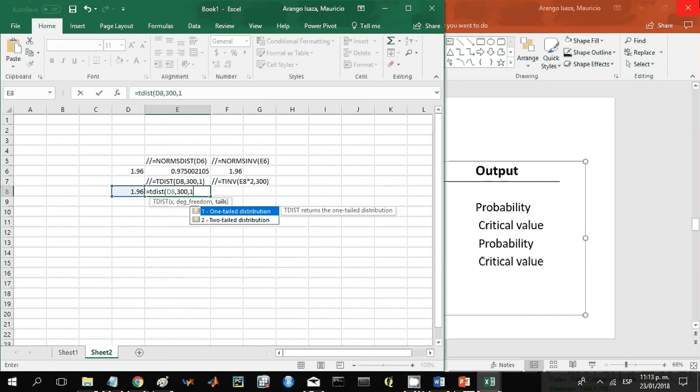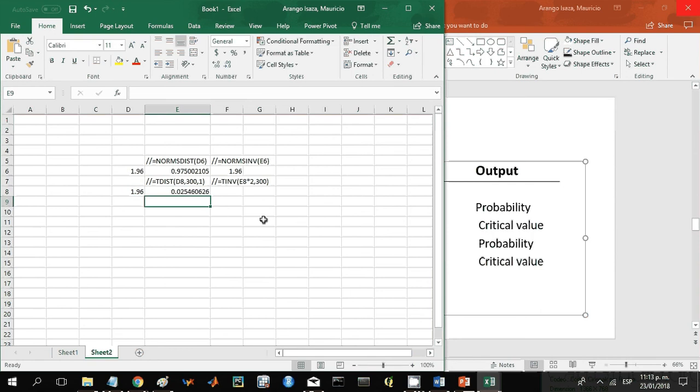And I'm going to select one tail because I don't want to be dealing with two tails for this case. I get this number that, if I add it to this one over here, and remember this is the right side, is going to be something really close to 1.